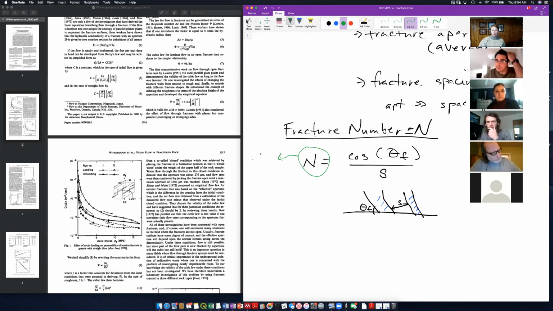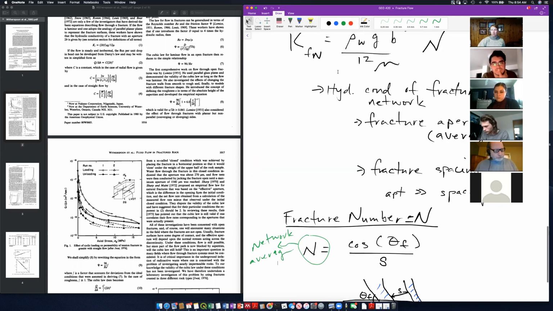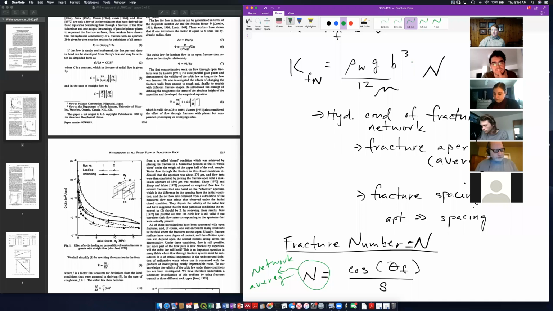So network average is what we're after. And the same goes for aperture. So as Mark said, we need to think about that this is the network average.